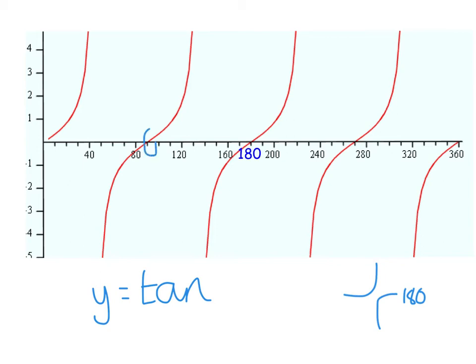If you look at this one, it repeats there at 90, and there's 2 drawn in there by the time you get to 180. So I've compressed it by half, so I'm getting in double the amount of graphs. So that would be y equals tan 2x, because it starts to repeat at 90. And I would get 2 of them in before I got to the 180, which I had in the previous original tan graph video.